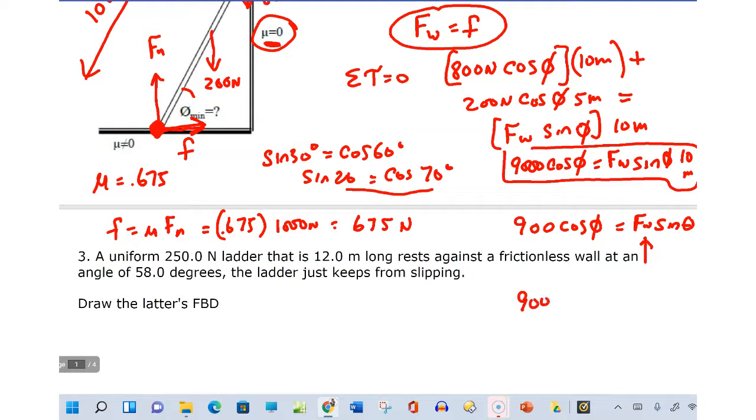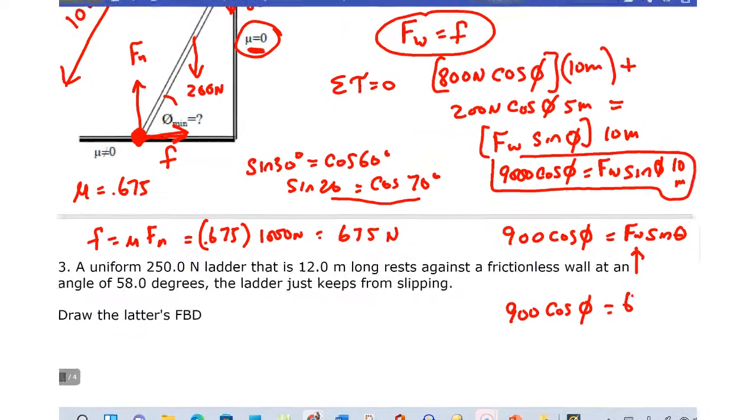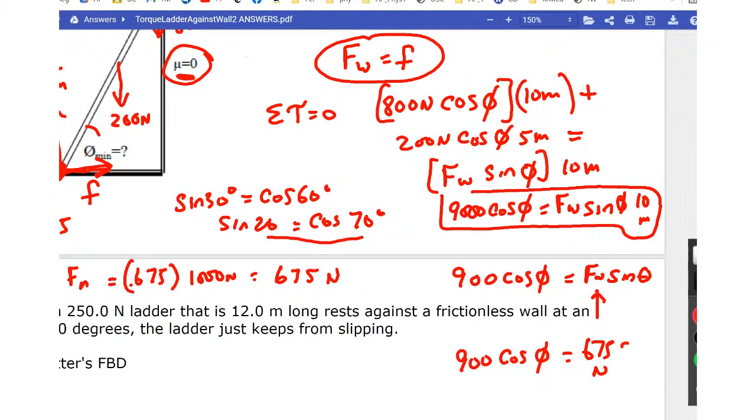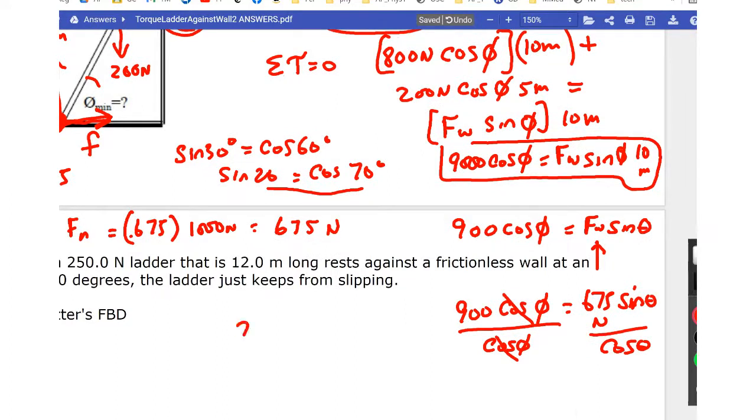So 900 cosine theta equals 675 newtons times sine theta. Now we're going to employ our old trick of dividing both sides by cosine theta. That leaves us 900 newtons equals 675 tan theta.